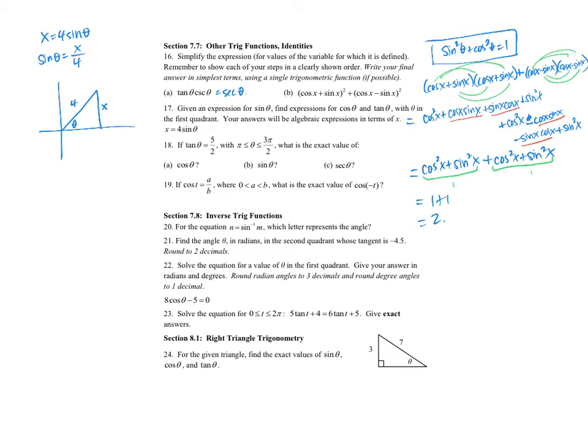And then I can find the third side. Since this is a right triangle, I'm just going to call this side B, since I can call it whatever I want. So I have B squared plus x squared equals 4 squared.